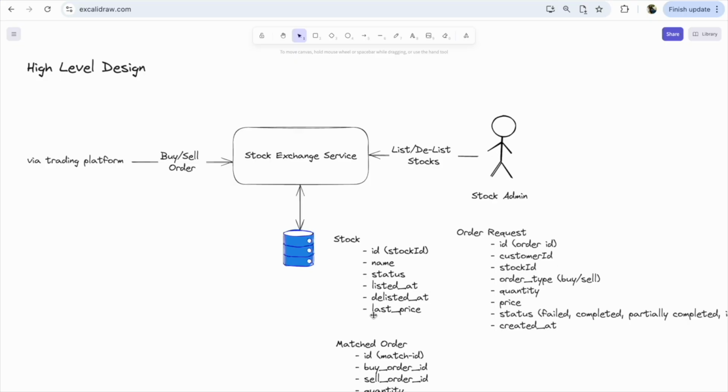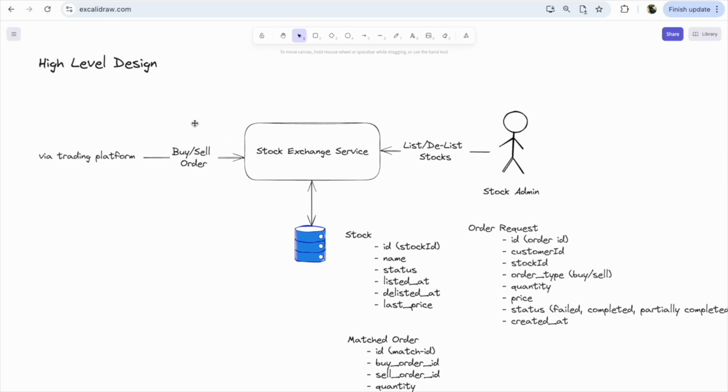Here we are just storing the last price for simplicity. If we want to go for an event sourcing based approach where we store all the price changes, we have to come up with a different database data model design, but for simplicity we are just keeping track of the last price only here.